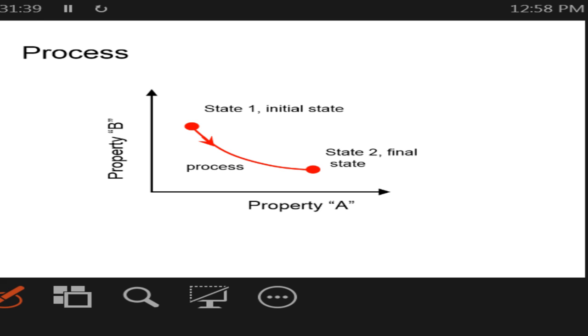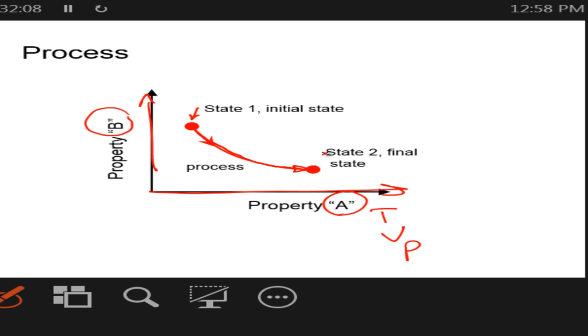Process. Well, we like to put these, first of all, on a property diagram. X-axis, some property, just call it A. Could be temperature, could be volume, could be pressure, could be whatever. Another property on the Y-axis. You find your initial state, maybe right there, state 1. And then the system can undergo a process, a change, a sequence of states until it gets to the final state, state 2.